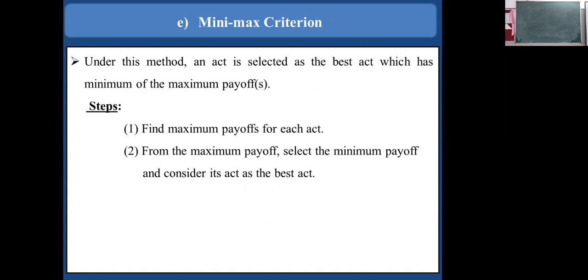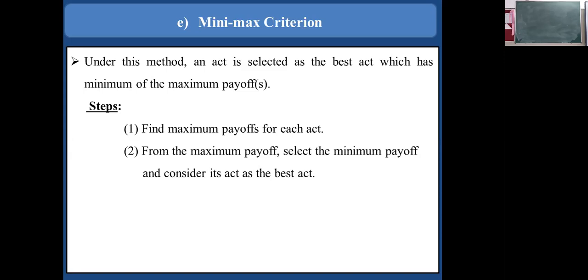Now let me explain first what is the difference between Minimax regret rule and Minimax criteria. When you are asked to find the best act using Minimax regret rule, first you have to find the opportunity loss table, and from the opportunity loss table we will decide that act as the best act which gives us minimum loss.